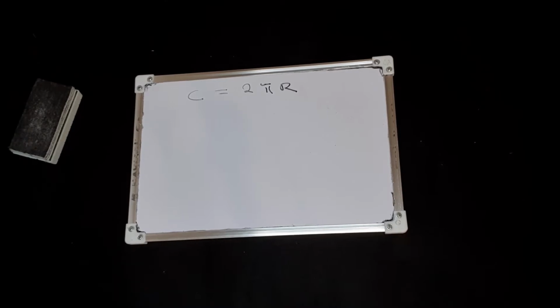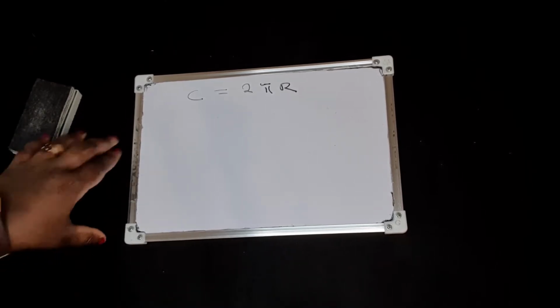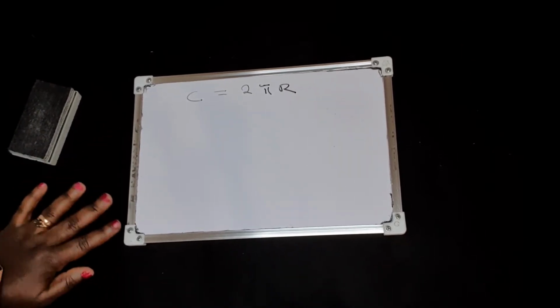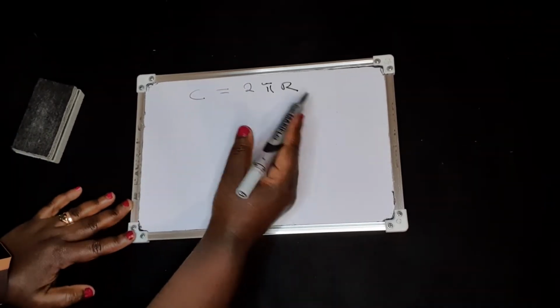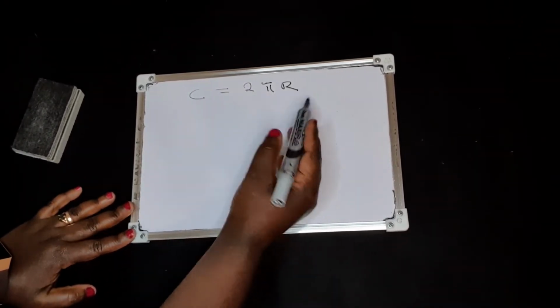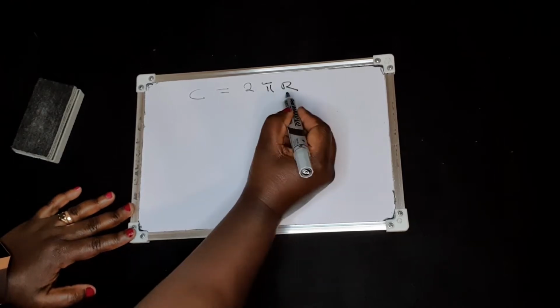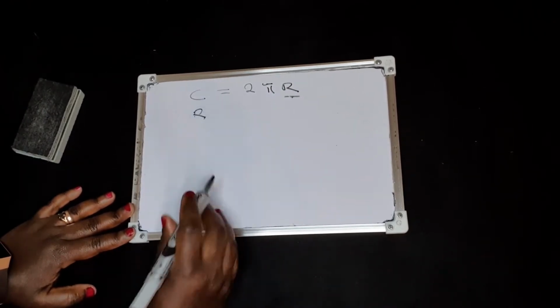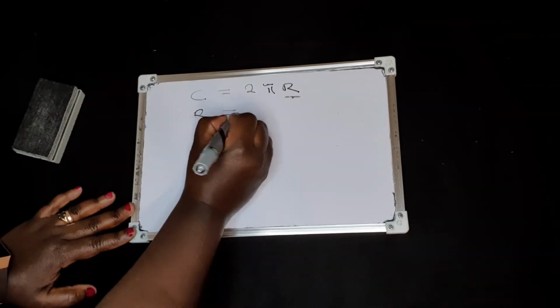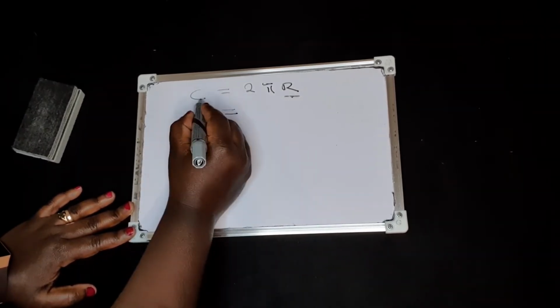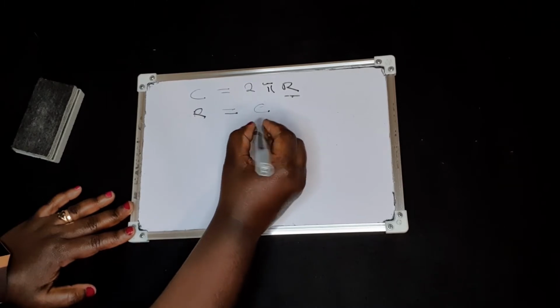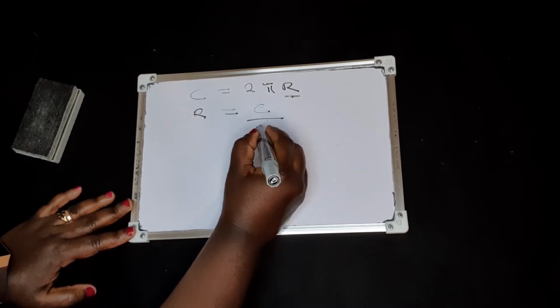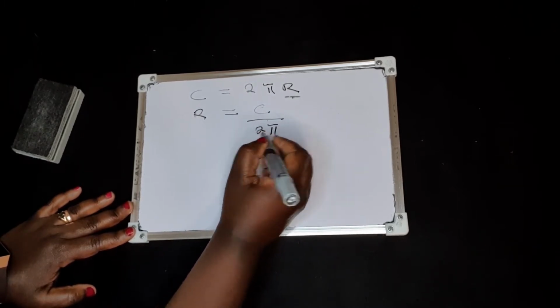In my case, I'm working with a waist measurement of 43 inches. Before I can come to that, we have to rewrite this formula to derive our radius. So r is C moved to the other side: C over 2 pi.